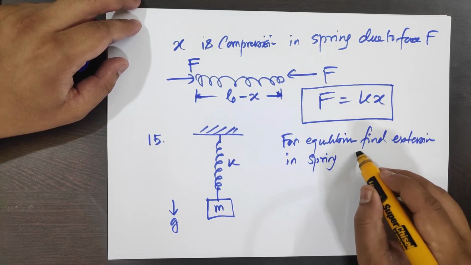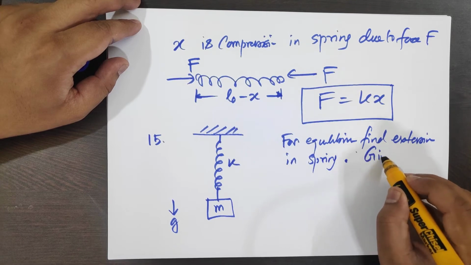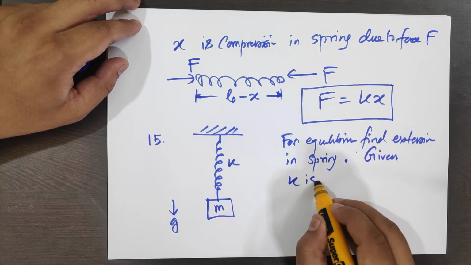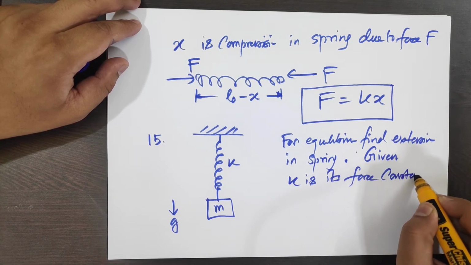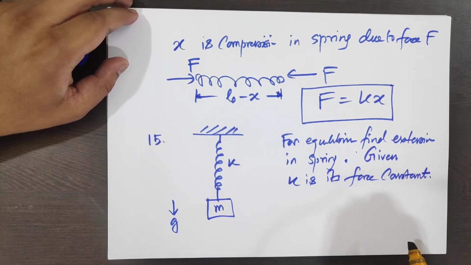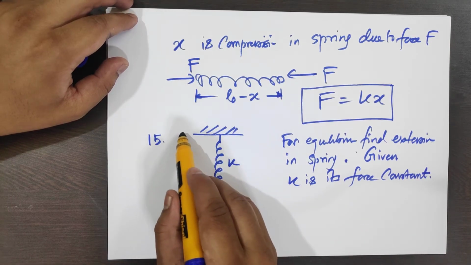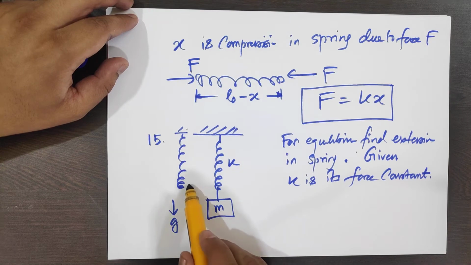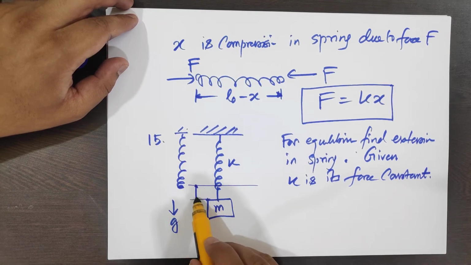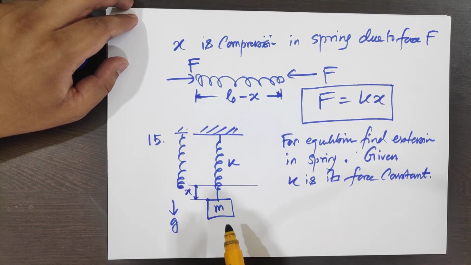Given K is the value of the force constant of the spring. What happens actually is its natural length was somewhat less, so it has extended by x due to this mass hanging.